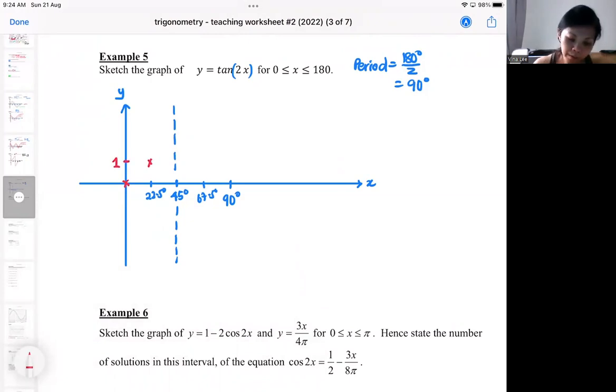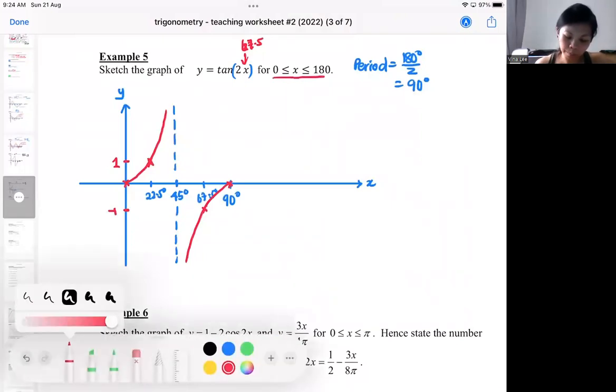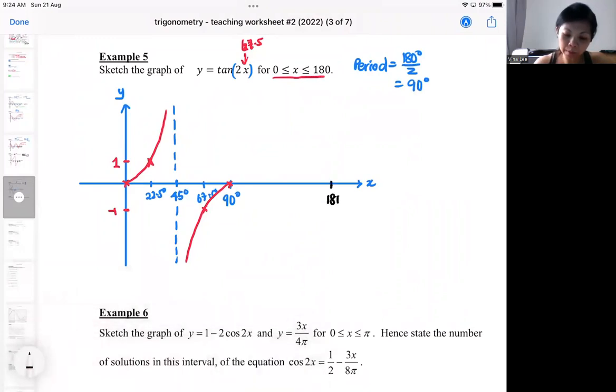If you punch this part, 22.5, 2 times 22.5, you will get a 1. Or you change to 67.5 here, you will get a minus 1. So this will be the special values that's going to guide you. And I need to draw until 180. That means I need to do another period. So I repeat, divide another period into 4. Half the period is going to be the dotted line.